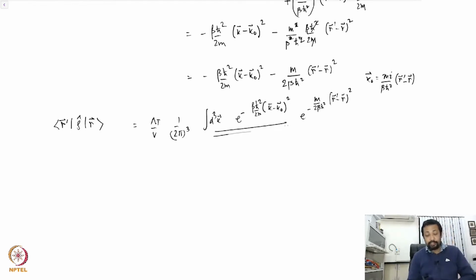Now this integral is exactly doable. Now it's in a Gaussian form, and note that this measure is actually k squared dk.